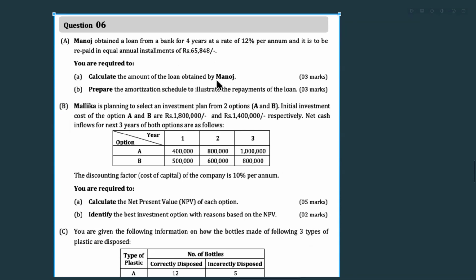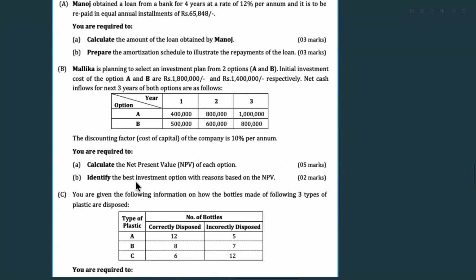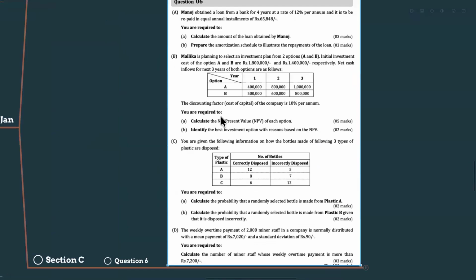So now we have to find out the present value of the loan. They have already given you the annual installment amount, but we have to find out the 4 years 12% annuity factor. So automatically we can get the present value of the loan, no? And prepare the amortization schedule to illustrate the repayments of the loan. Same thing again. And calculate the NPV, identify the best investment options. There's nothing else, just follow the structure.